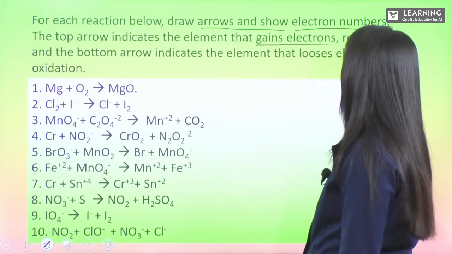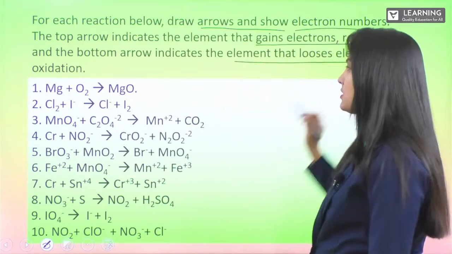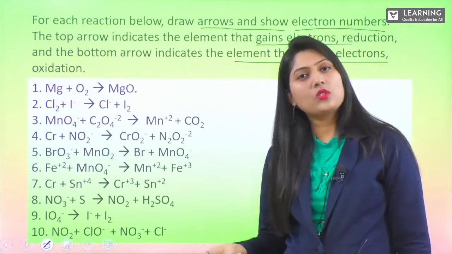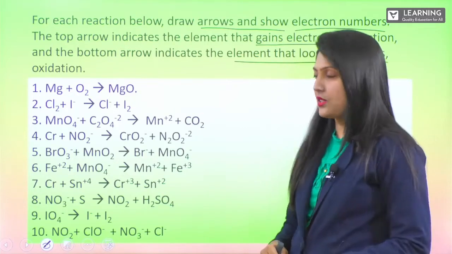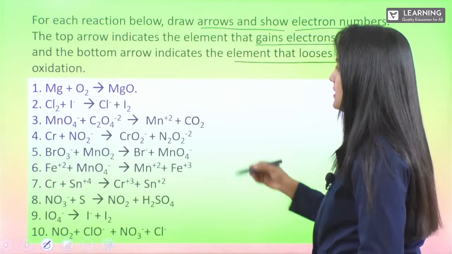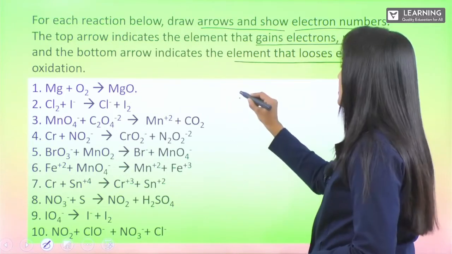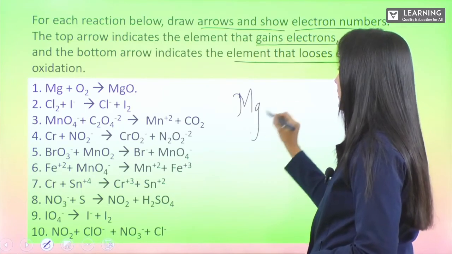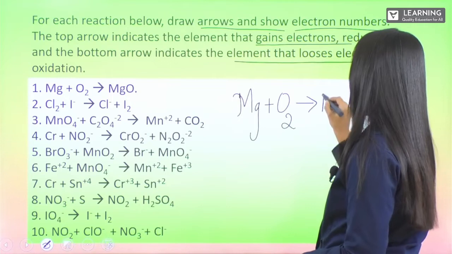We have to show either the gain of electrons or loss of electrons, and we need to say if it is a loss of electrons, it is oxidation. If it is gain of electrons, it is reduction. So the first one, if we see magnesium plus oxygen gives you MgO. So Mg plus O2 gives you MgO.